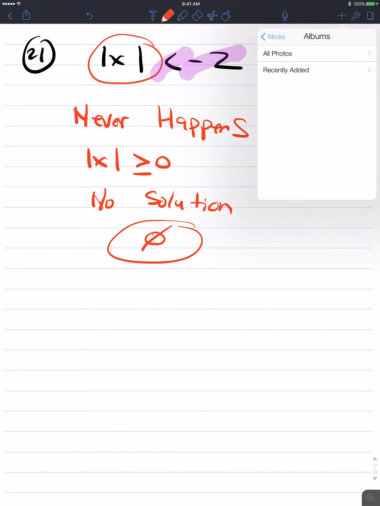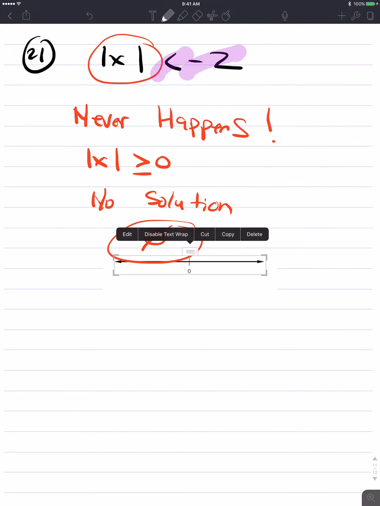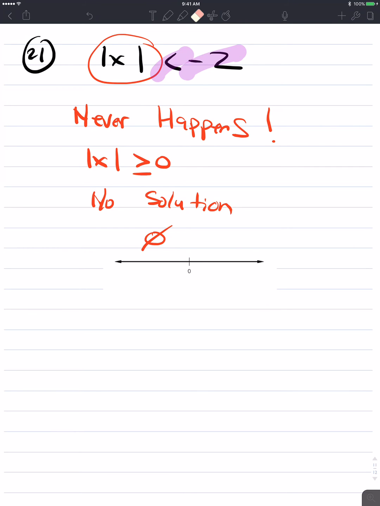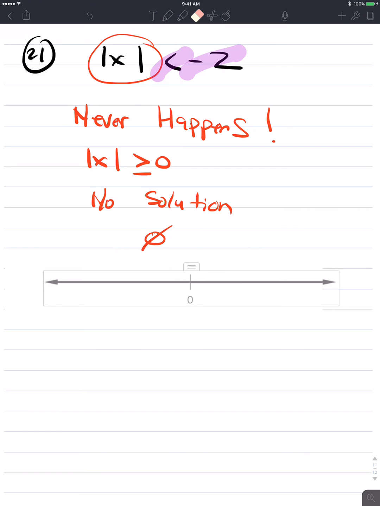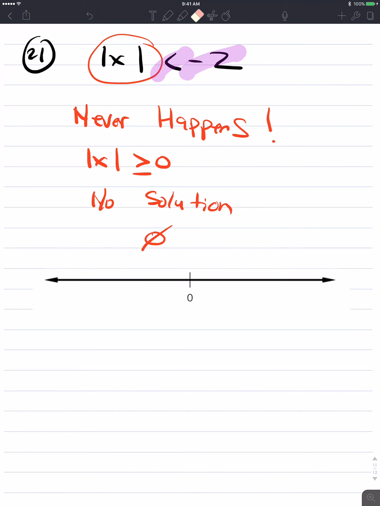If you had to shade numbers on the real number line that corresponded to no solution, what you would actually see is what you're looking at right now. You'd see a real number line that has nothing shaded.